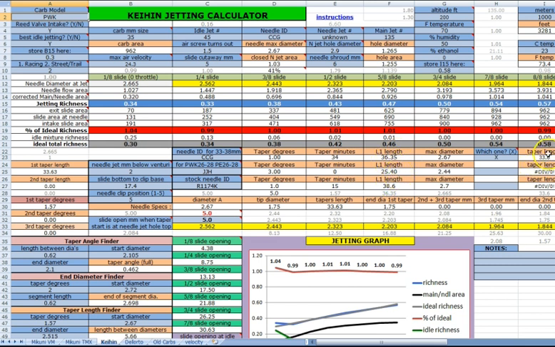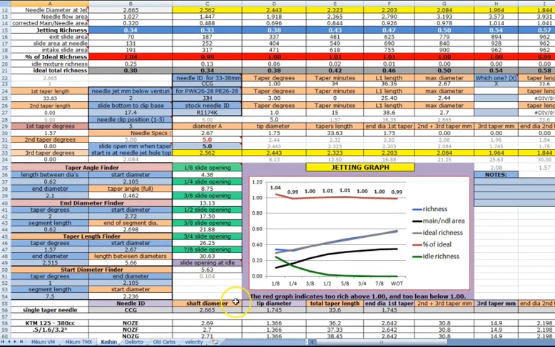This is the taper length over here. So with the needle code, you know the taper degrees, the taper length, and the diameter of the straight section. Okay? And the diameter of the straight section is very important because it affects this area right here. And if it's too lean or too rich, that's to blame.